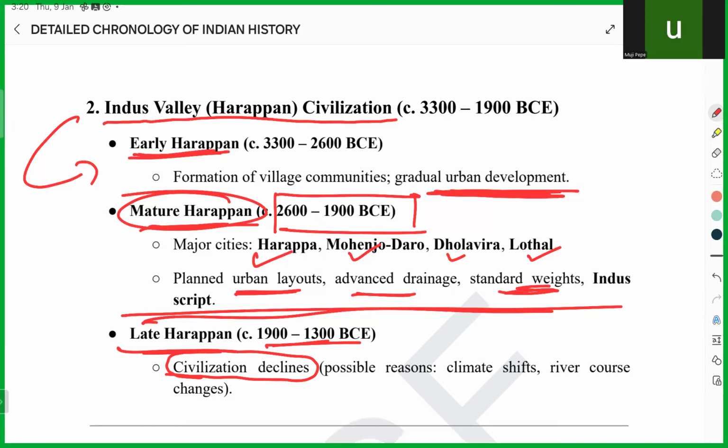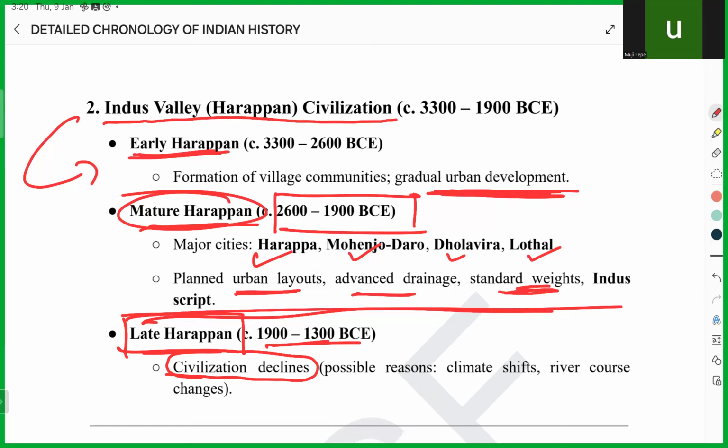In a similar manner, the Indus Valley civilization also started to collapse. The reason we have discussed: possibly climate change and the drying up of the Ghaggar River, along which major Indus Valley civilization sites were there.